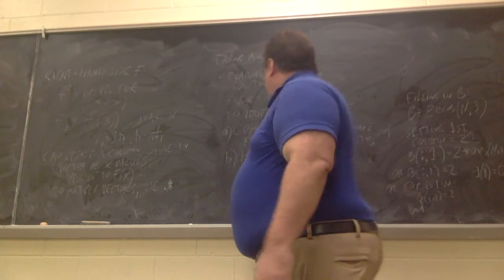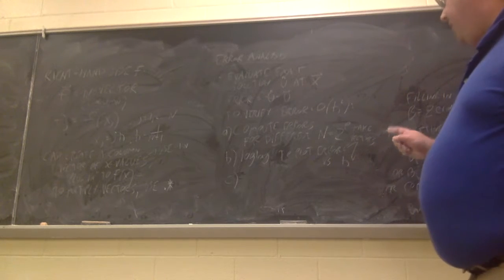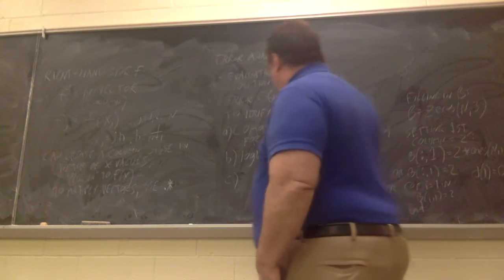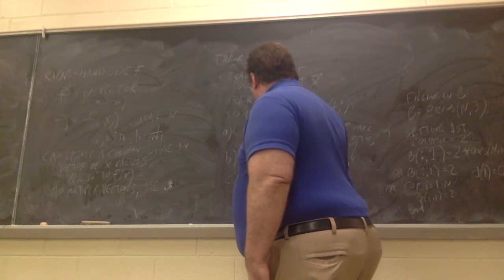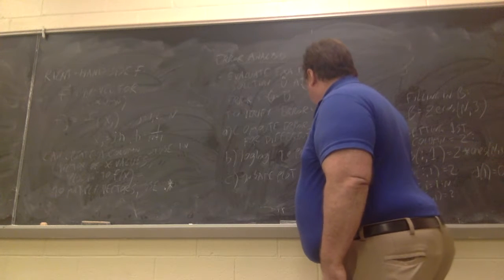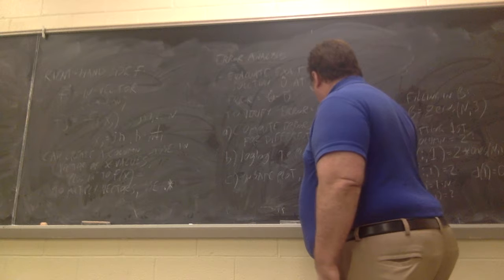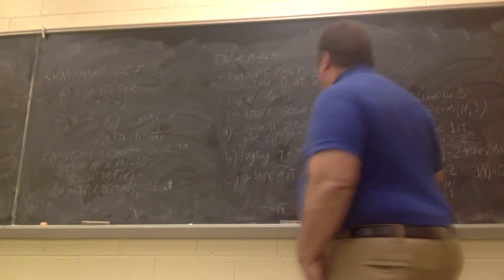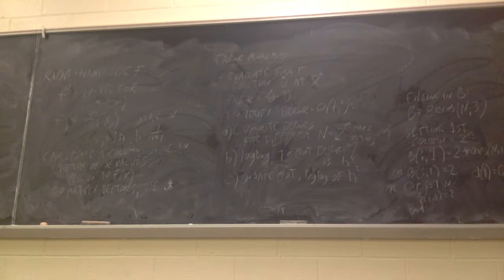Now, to check whether this behavior of the error is correct, on the same figure, the same plot, again do a log-log of h squared. Because the error should be behaving like h squared.